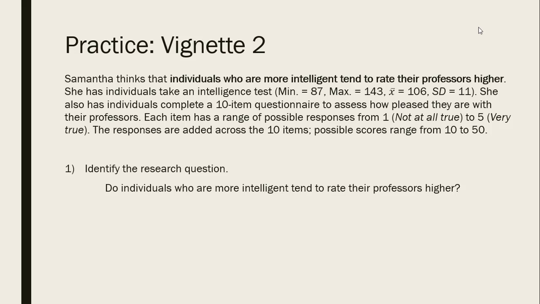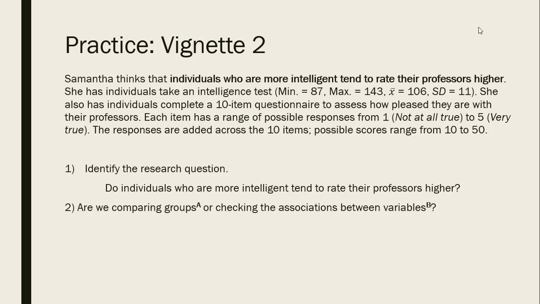That would be more in line with a broader research question, and then we could look at individual factors within that. So in this case, we're looking to see if intelligence is related to professor ratings. So really what we're doing is checking the association between these two variables.